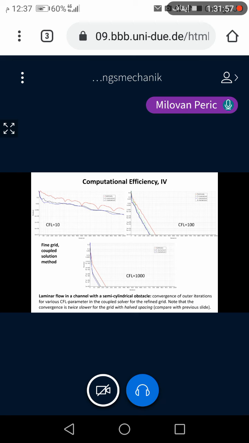And if the number of iterations was the same, then computing time would be proportional to the number of cells. But because the number of iterations also increases, the computing effort for finer grids is over-proportional. A perfect multi-grid method applied to outer iterations, that I mentioned last time, would have a constant number of iterations.